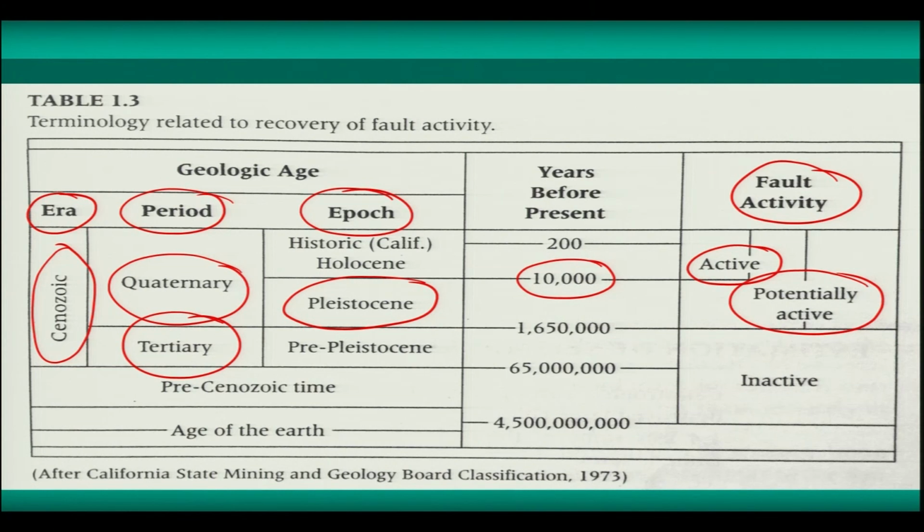The faults which were formed during the Tertiary or beyond that, that is pre-Cenozoic time, or in terms of age, before 1,650,000 years, we consider as inactive faults. So this part is extremely important before we get into the real paleoseismic domain.